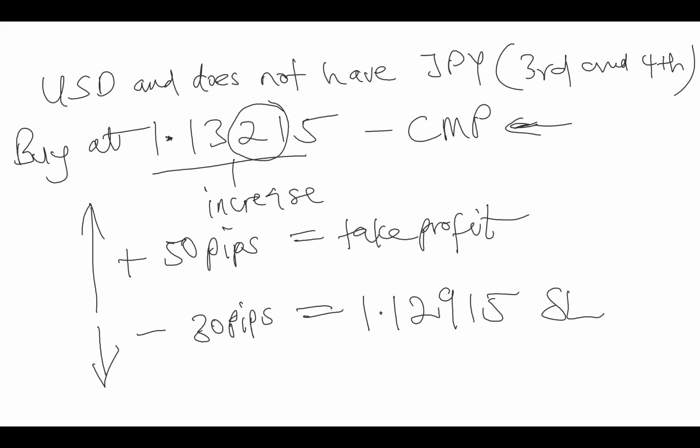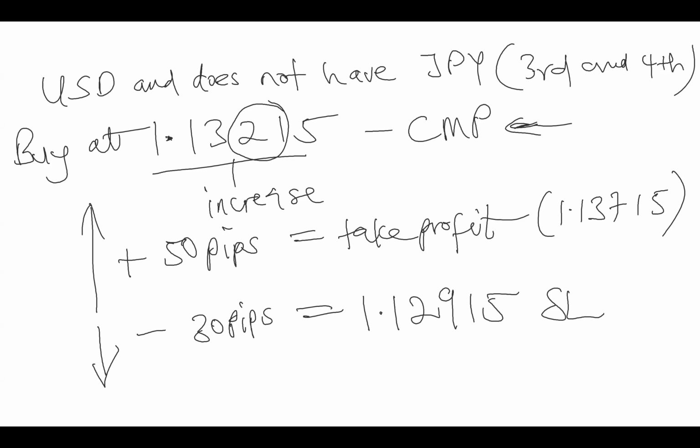What's going to be my TP if the market was supposed to buy? Yvonne, correct. Uche, correct. My take profit is going to be 1.13715. This is how I simply calculate my stop loss. So it's very, very easy to understand.